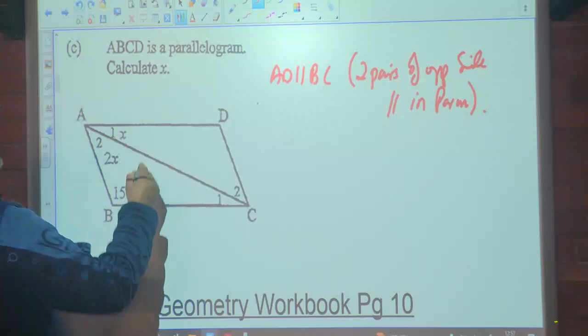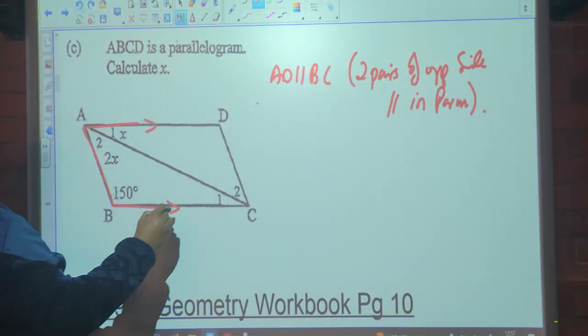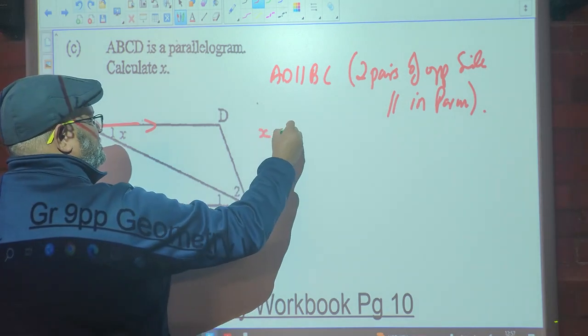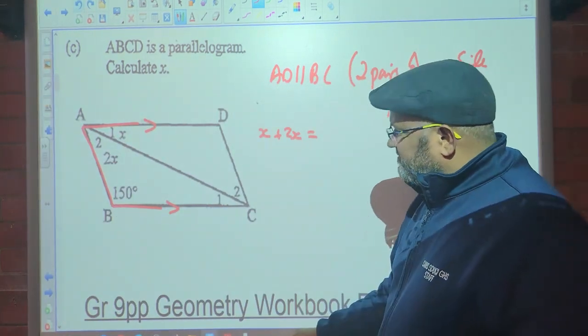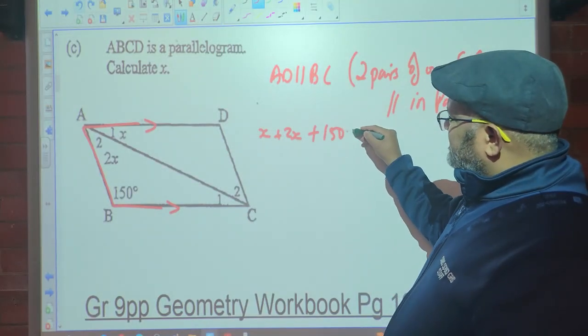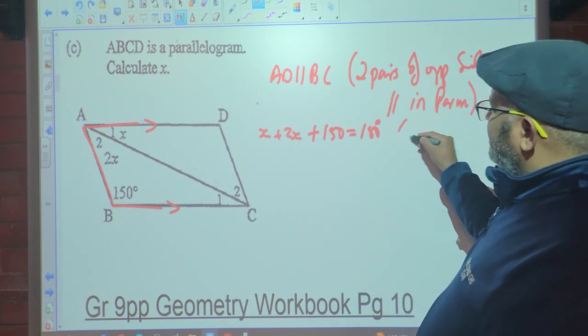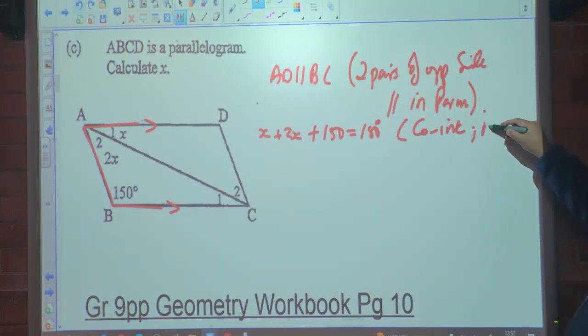Okay. Now we're going to go with that co-interior story. So x plus 2x, so we could have said 3x plus 150 adds up to 180. Why? Co-interior angles with AD being parallel to BC.